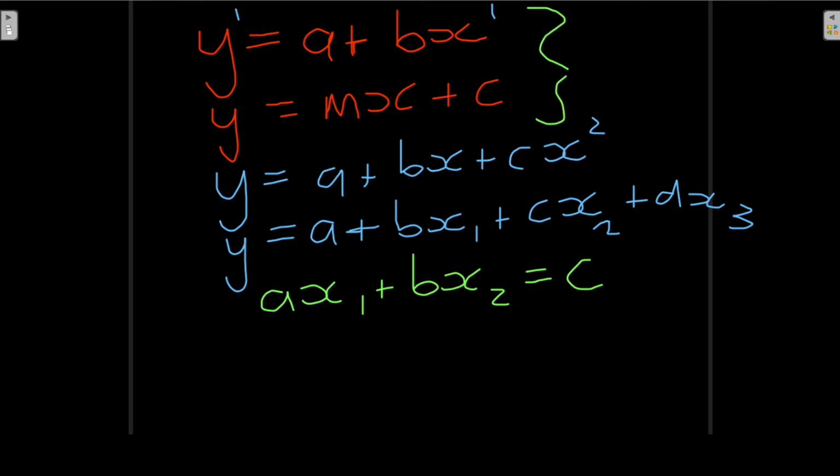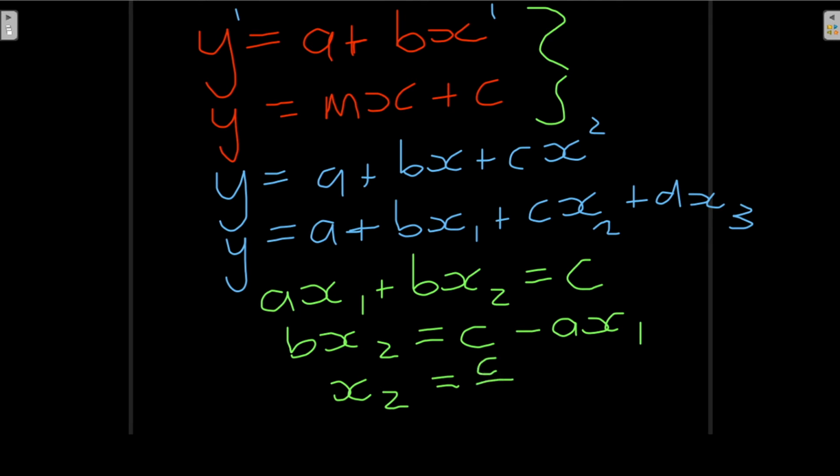I can say that bx2 is equal to c minus ax1. So x2 is equal to, now I divide with b throughout, c over b minus a over b x1. And now we have it again in the same form as what you are used to from school.